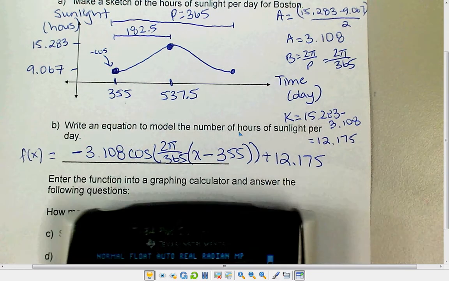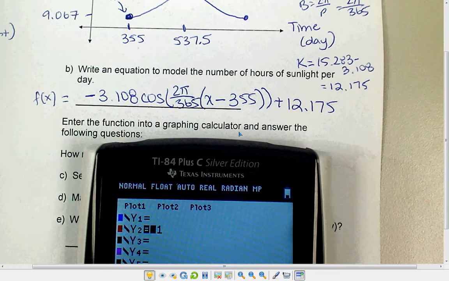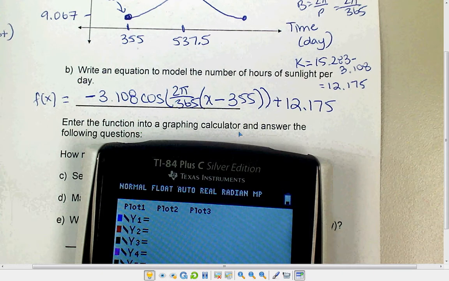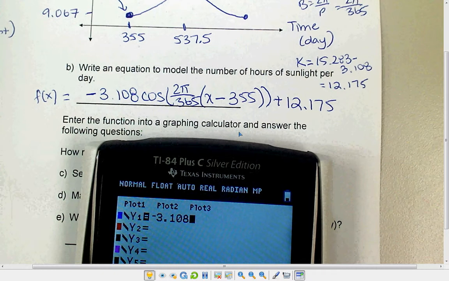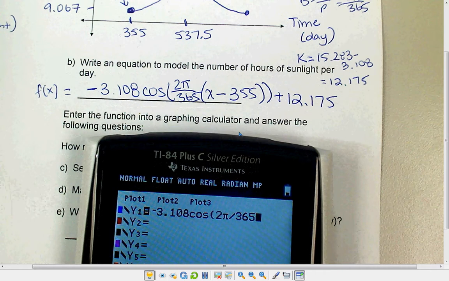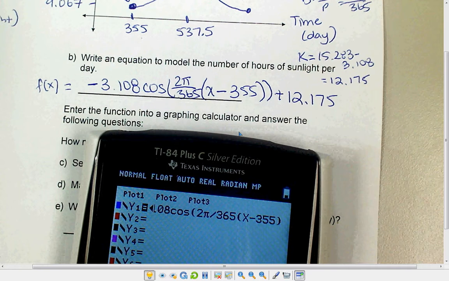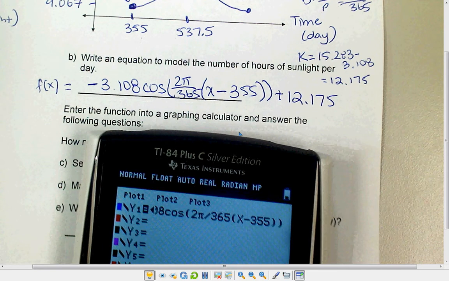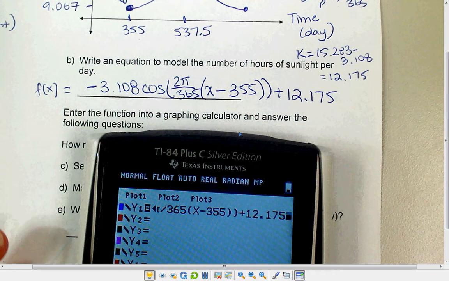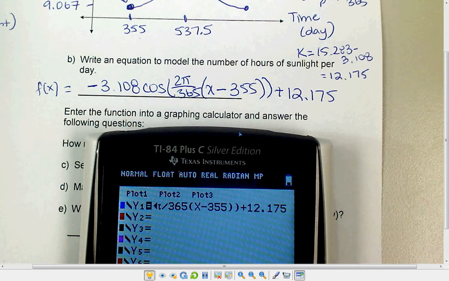I'm going to go ahead and put this into my y equals. So let's clear this. Negative 3.108 cosine 2 pi divided by 365, open parentheses, x minus 355, close parentheses, and then plus 12.175. Okay, so after this we're going to go to window.